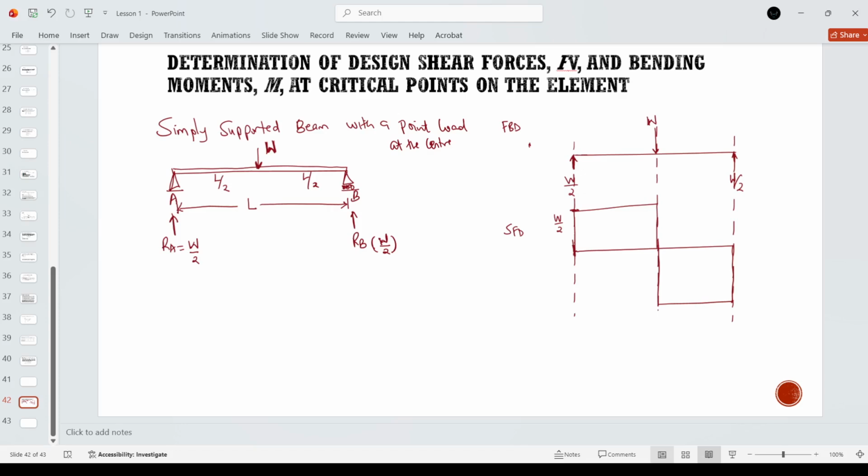I think we know that. So this will be a distance L over 2, L over 2. And we said that moment will be maximum moment.